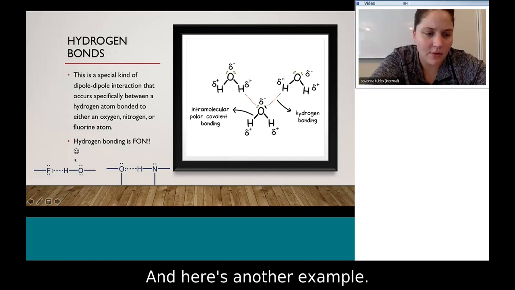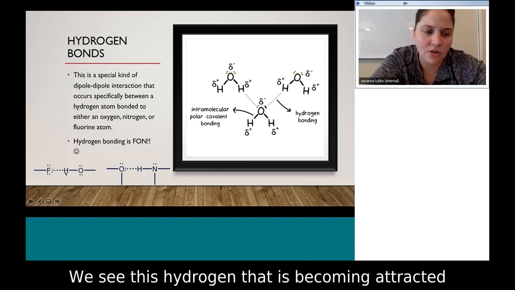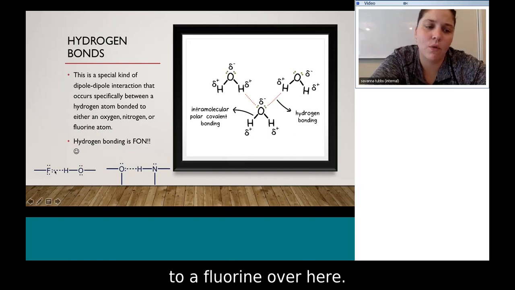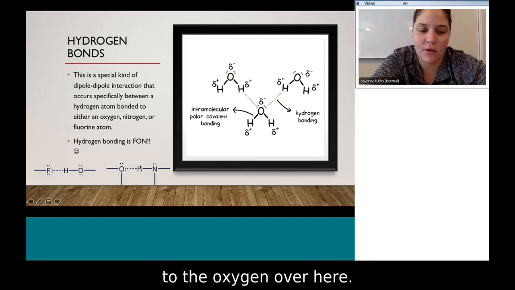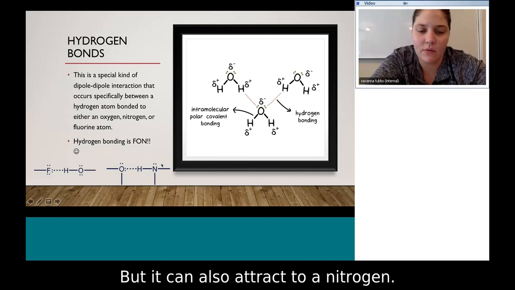And here's another example. We see this hydrogen that is becoming attracted to a fluorine over here, and a hydrogen being attracted to the oxygen over here, but it can also attract to a nitrogen.